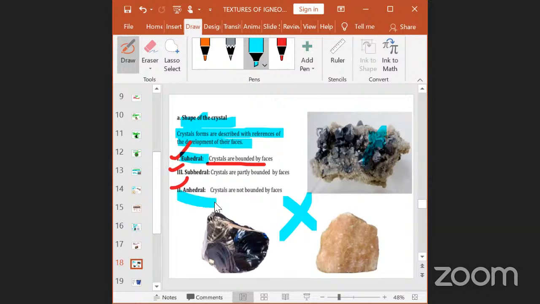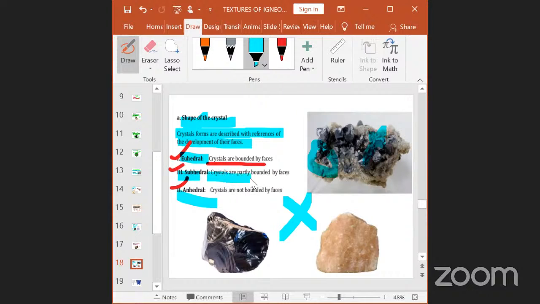And what is subhedral? When only a part of the mineral is bounded by crystal phases, that is called subhedral.